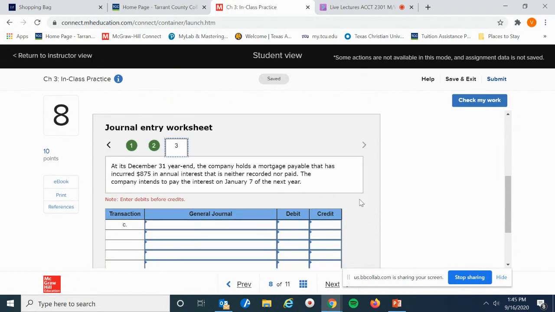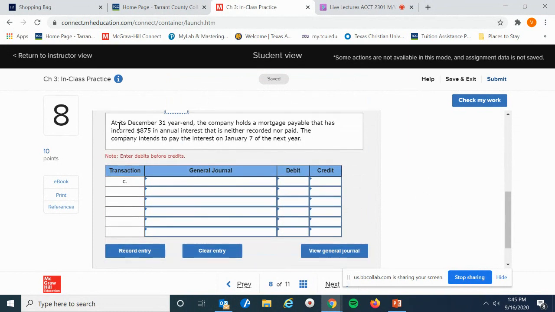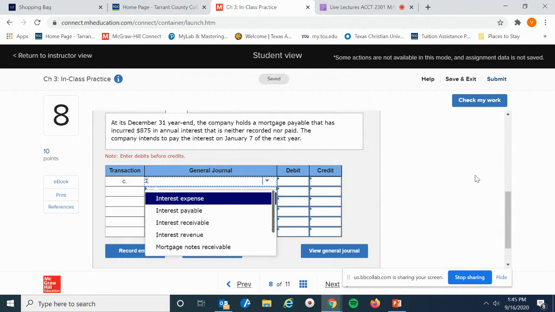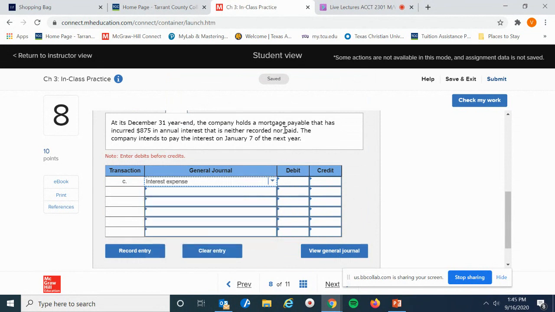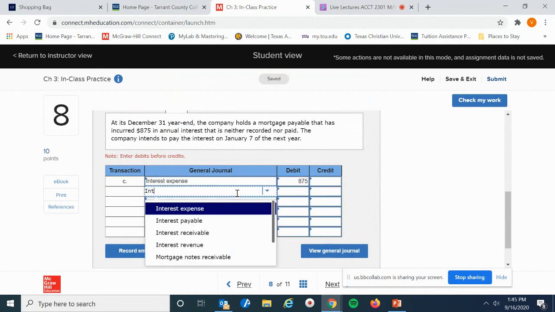All right, one more, and then we'll look at accrued revenues. At its December 31st year end, the company holds a mortgage payable that has incurred $875 annual interest. So the exact same thing, interest expense, $875, interest payable, $875.